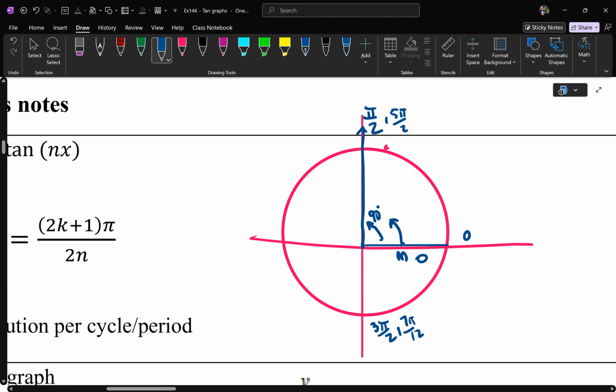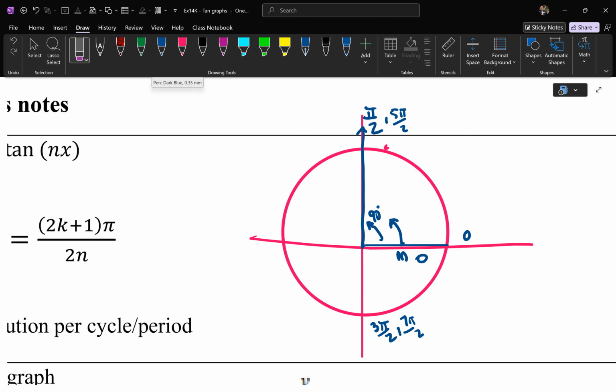There's a pattern. Every time you have an odd multiple of pi on 2, it's going to be an asymptote for a tan graph. So this is nice, because all you need is just the asymptotes and you can sketch the graphs.